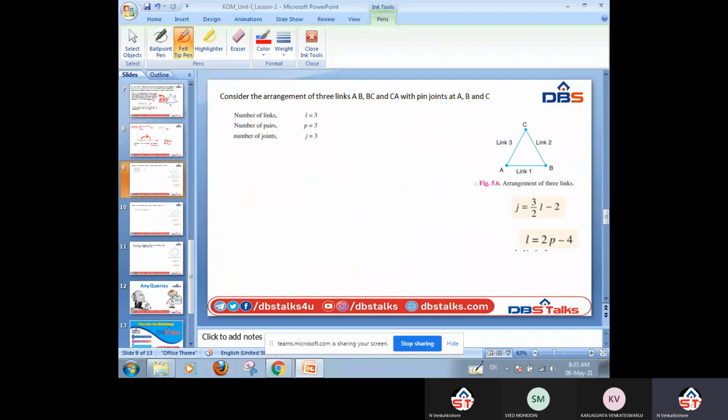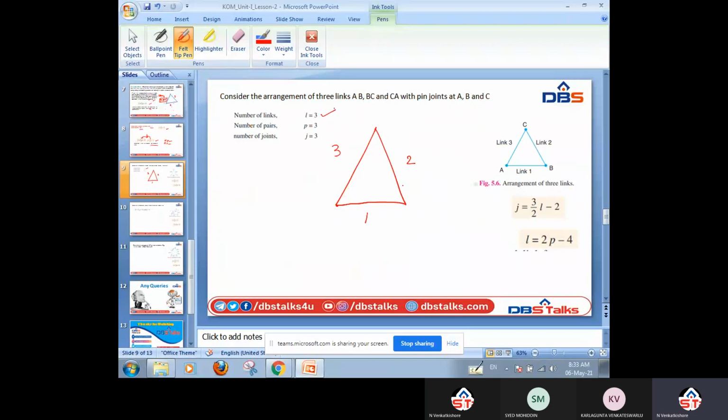So here let us consider the 3 links. Here in the diagram we are having 3 links. This is link 1 and link 2, link 3. These 3 links, how many links are there? 3. How many pairs are there? If you observe clearly, pairs means any 2 links are connected.